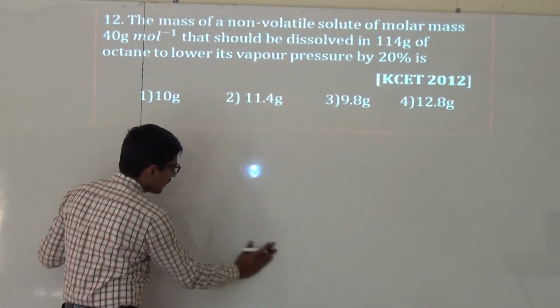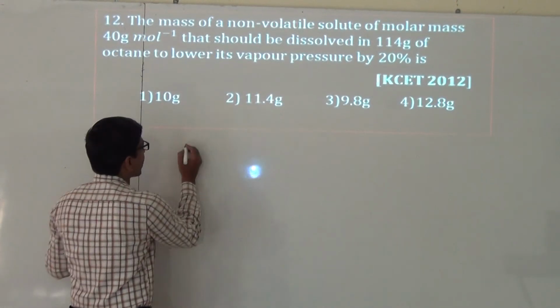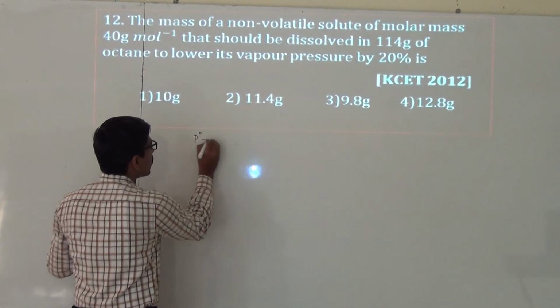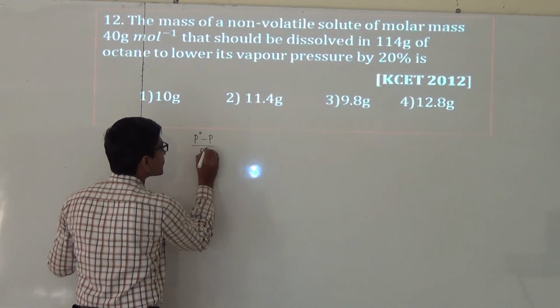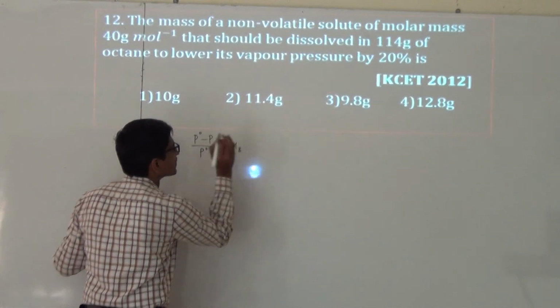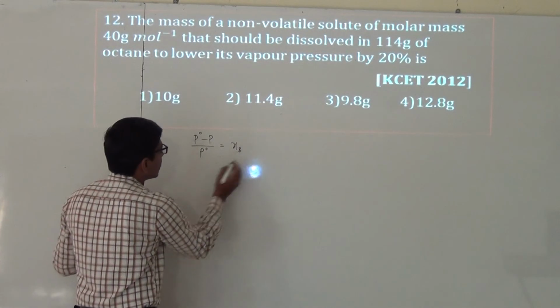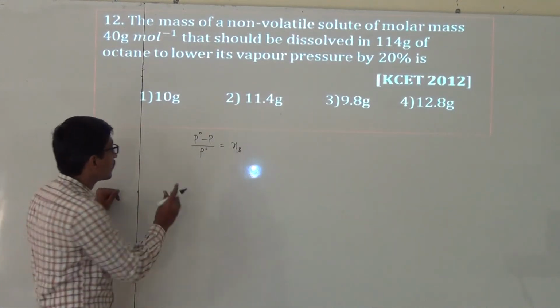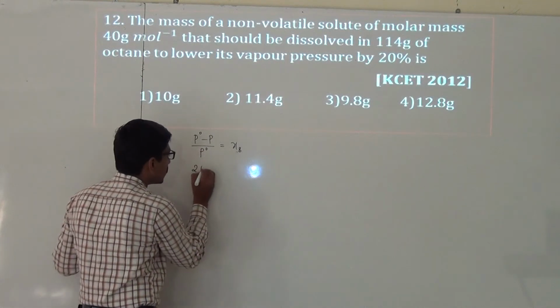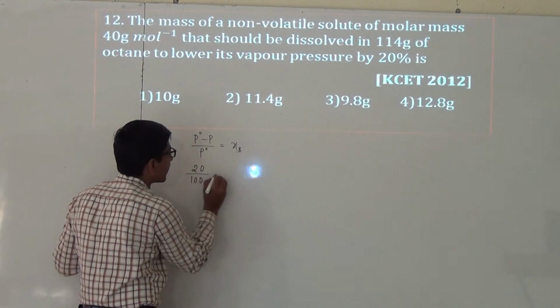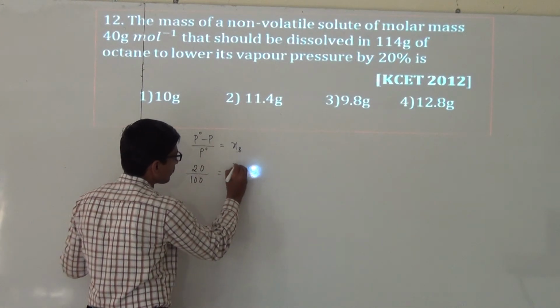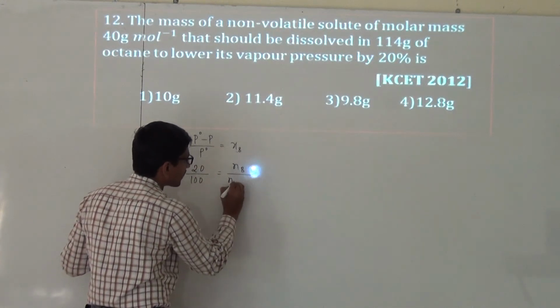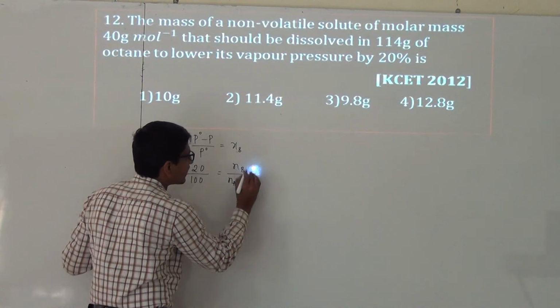By knowing the relative lowering of vapor pressure, P naught minus P by P naught is equal to XB. The value of P naught minus P is 20%, that is 20. 20 divided by P naught, which is 100, is equal to NB divided by NA plus NB.